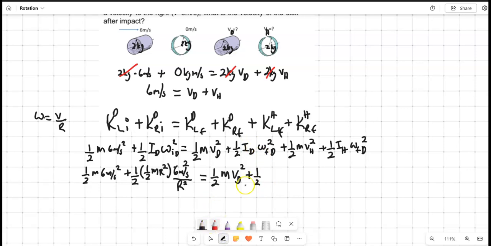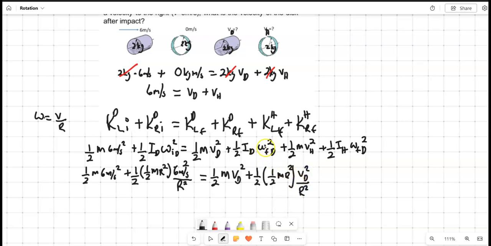And so this is going to be 1/2 mr squared. So the disk's moment of inertia is the same, but after the impact, the velocity of the disk is going to be squared over the radius squared.